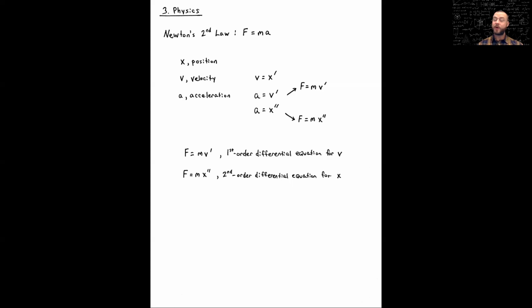The reason you might want two different ways to think of Newton's second law, either as a first order or a second order differential equation, is that it depends on the forces involved. Some forces depend on the velocity of an object, like air resistance. Some forces only depend on position, like the spring force for Hooke's law.